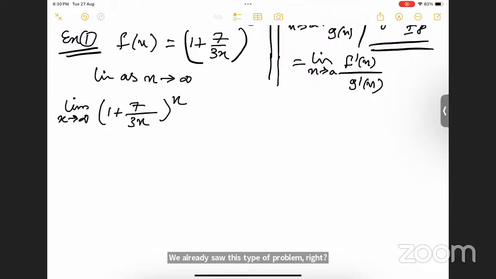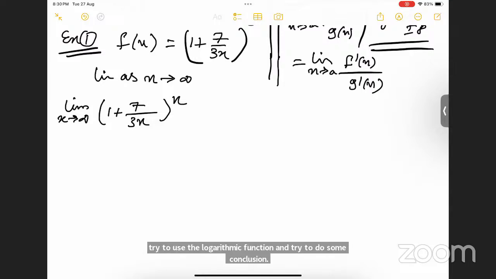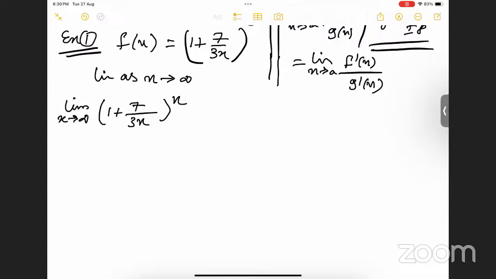So try to use the logarithmic function, and we can take logarithms on both sides. So this is the hint. You can use the logarithmic function and you have to use L'Hopital's rule. Now solve the problem and let me know the answer.